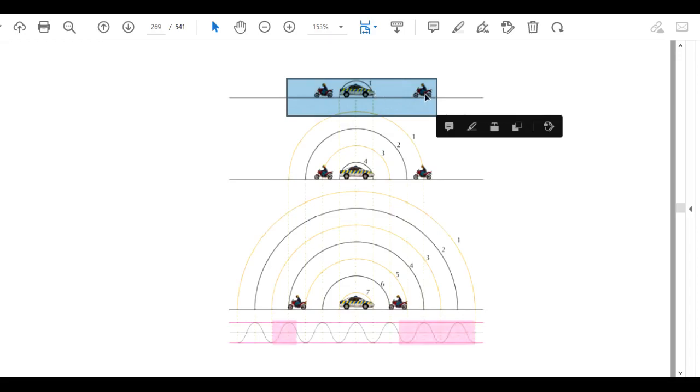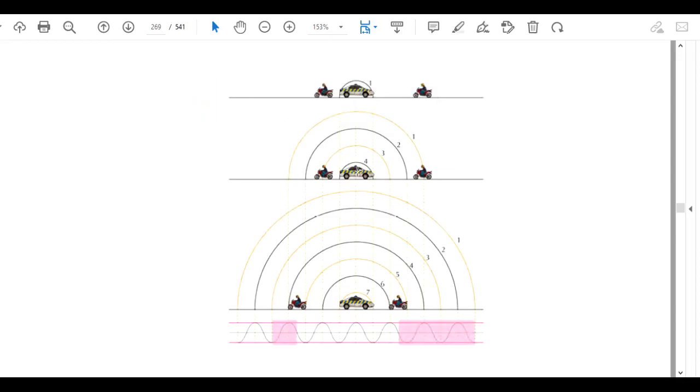Now if these two observers start to move, the one on the right would move towards the police car, and the one on the left would move away from the police car. As the police car emits sound waves, this is what is happening.